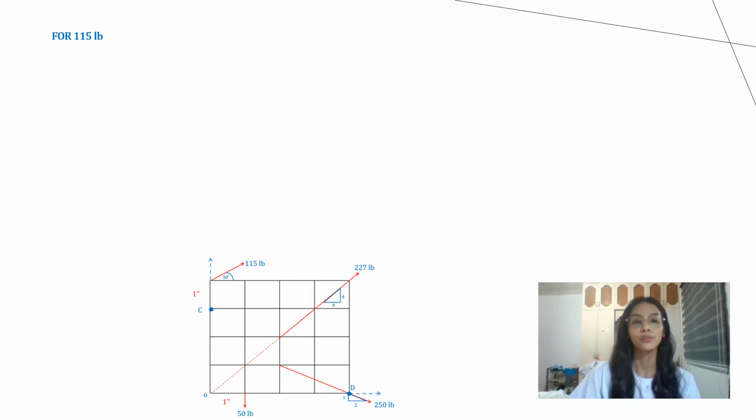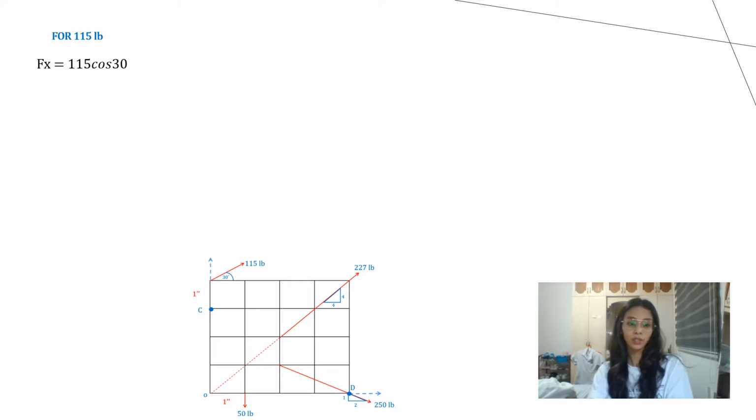So our Fx is 115 cosine 30, which is 99.593 pounds. And our Fy is 115 sine 30, which is equal to 57.7 pounds.